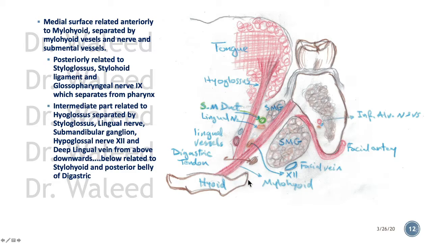That's it. So anteriorly, the mylohyoid with structures on top. Posteriorly, we have the styloglossus, stylohyoid ligament, and glossopharyngeal nerve. And in the middle, you have all the stuff about the duct, the lingual nerve, the submandibular ganglion, the hypoglossal nerve with its venae comitantes or deep vein.